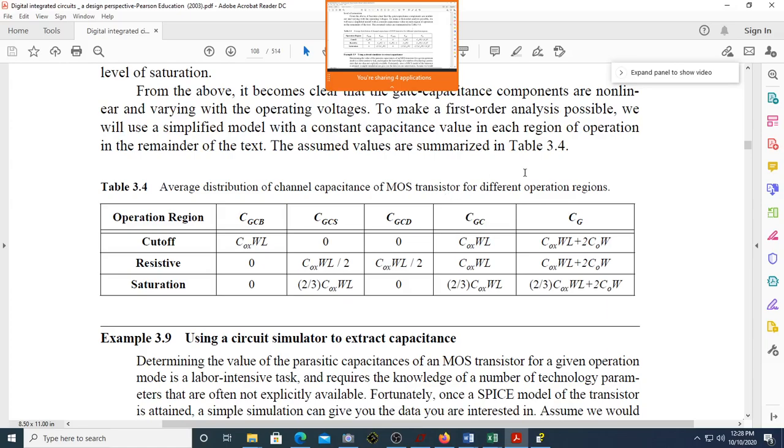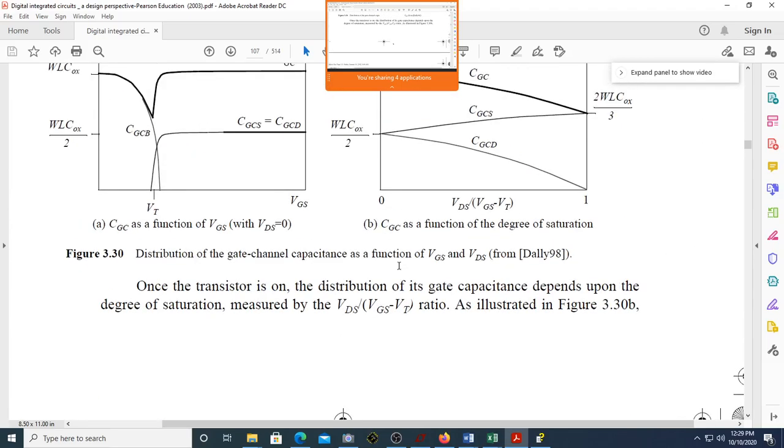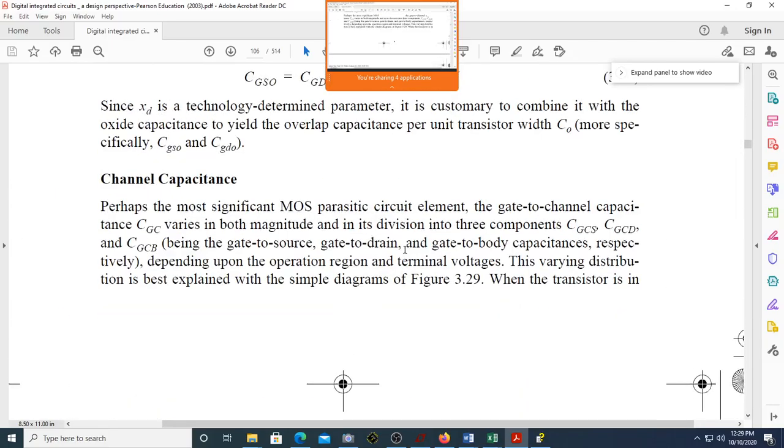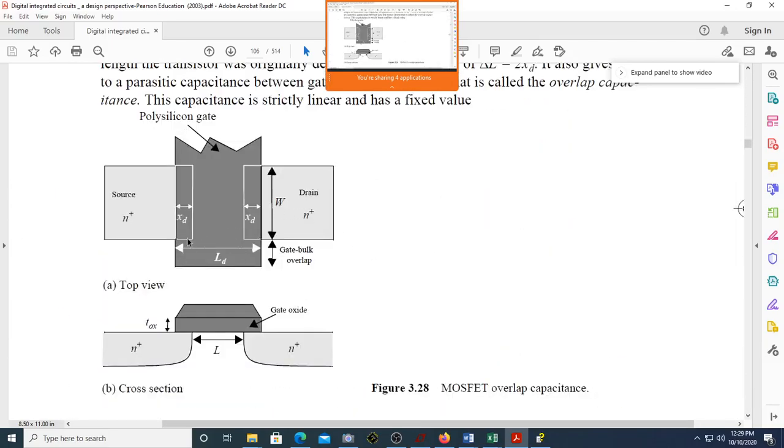These two are the same. Can you see the overall gate capacitance? This overall gate capacitance is gate to channel capacitance plus two overlap capacitances. If I go back to this, you can see there are totally three capacitances. One is between the gate and the channel, and there is an overlap capacitance here, and one more overlap capacitance here.